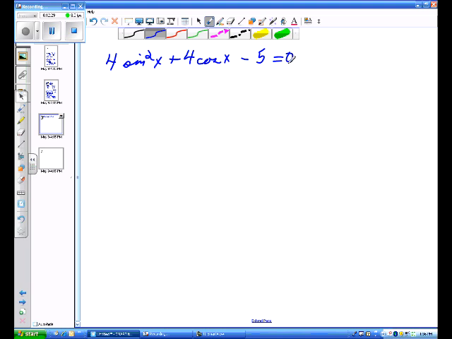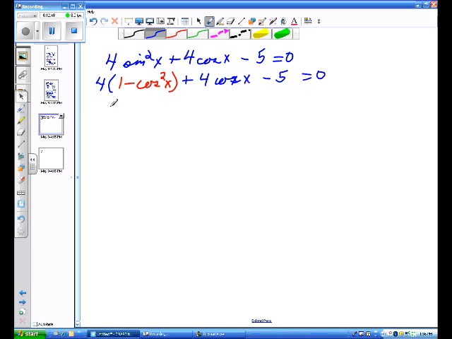So I'm going to replace my sine squared with 1 minus cosine squared, plus 4 cosine x minus 5.